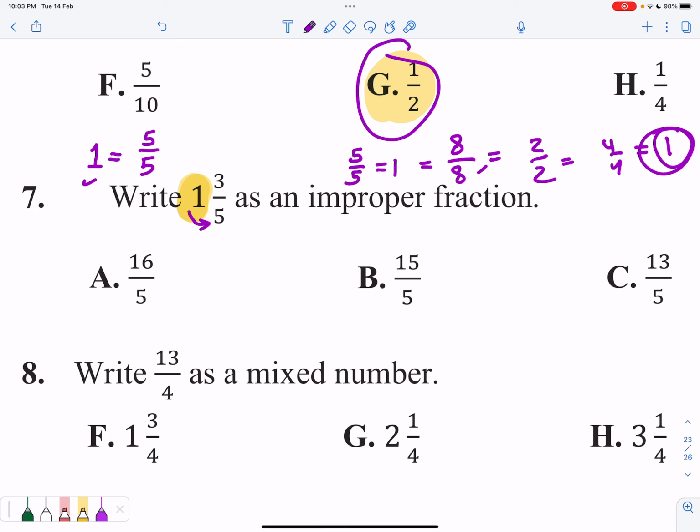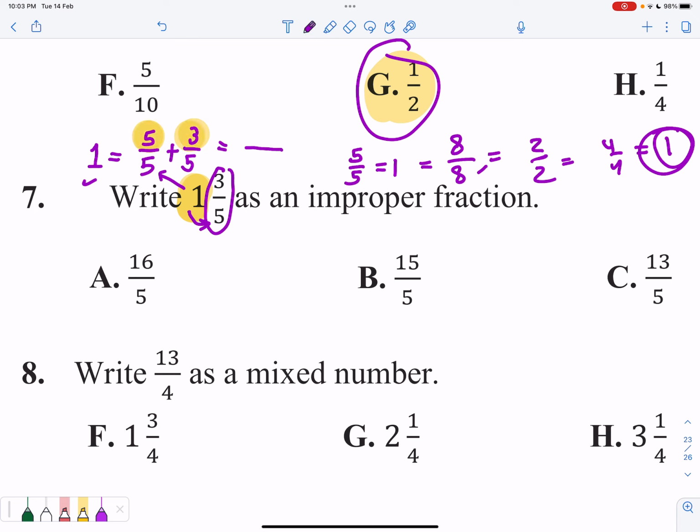So here you have the 5 over 5, and you already have this fraction, the 3 over 5, so you will add it to it. So you will say plus 3 over 5 like that. Okay, now you have two fractions. Let's just add them. When we add fractions, we know that we should add the numbers at the numerator.